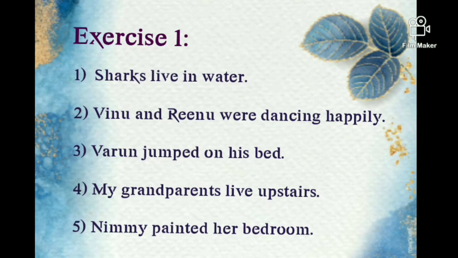Varun jumped on his bed. My grandparents live upstairs. Nimmi painted her bedroom. So, dear children, read the sentence twice and identify the parts of the sentence. You can pause the video and complete your task.